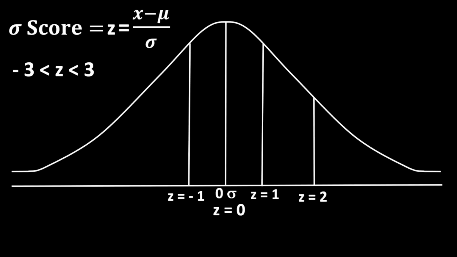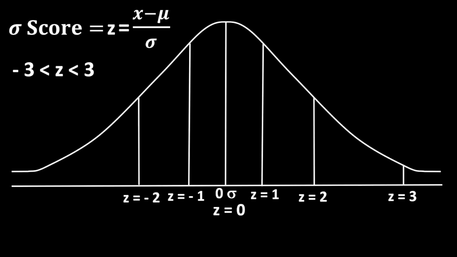Z equals 2 is found after 0 sigma at the right side, and the distance between 0 sigma and z equals 2 is 2 standard deviations. Z equals -2 is found at the left side of 0 sigma, and the distance between z equals -2 and 0 sigma is 2 standard deviations.